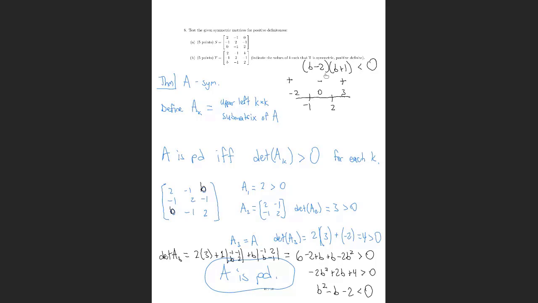All right, so then from that sign chart, we see that this will be negative only when b is between negative 1 and 2. So if b is in the interval from negative 1 to 2, then the determinant of A3 down here should have been positive. And so then for these values of b, we could say that it would be positive definite, okay?